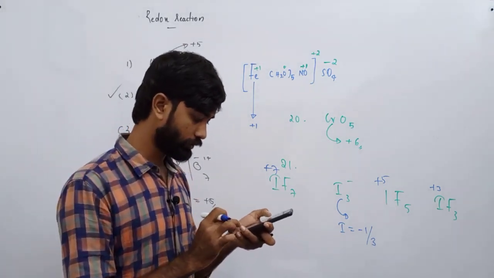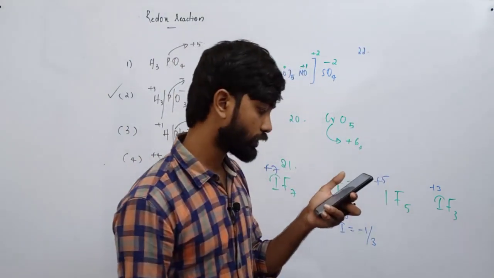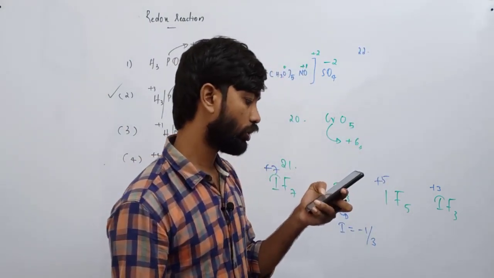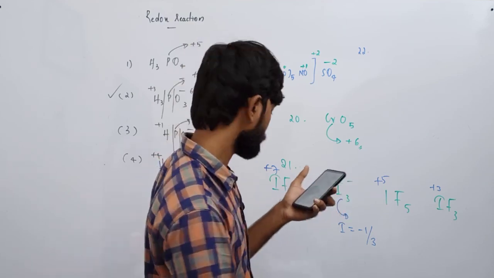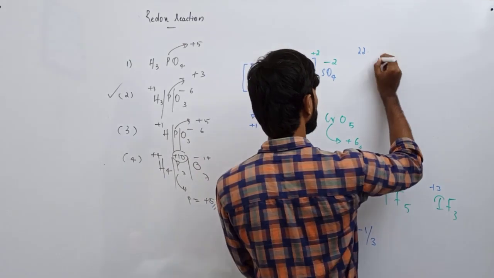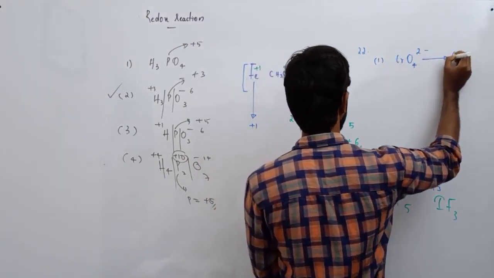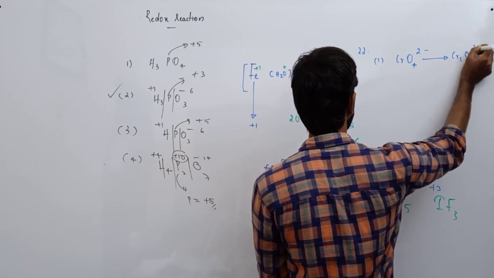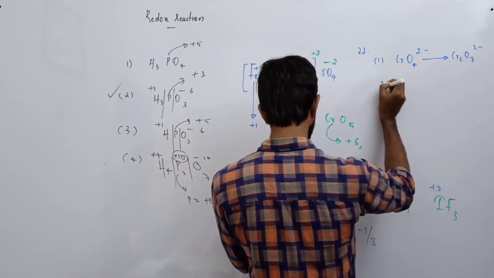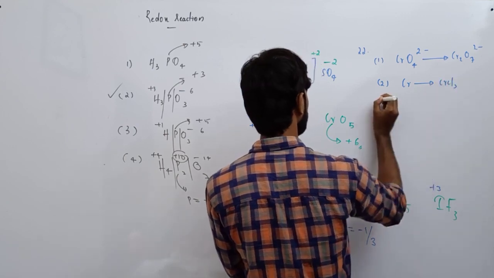Question number 22: which of the reactions involves neither oxidation nor reduction? The first one, conversion of chromate to dichromate. The second, conversion of chromium to CrCl3.